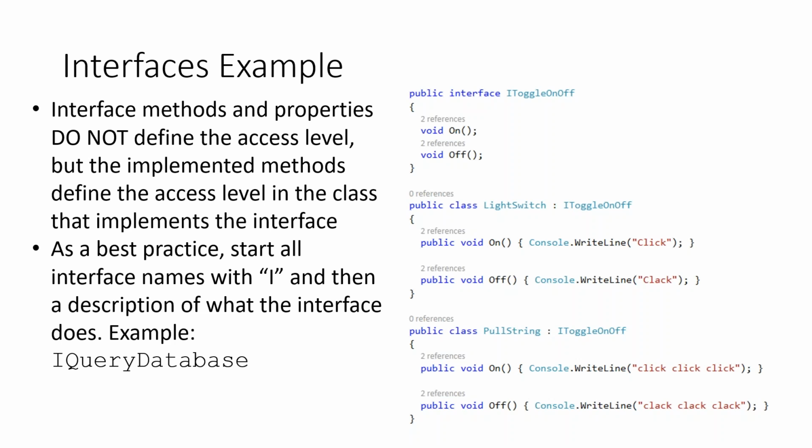And both of those inside of the light switch and the pull string class have method bodies. They have the open and closing curly brace, and inside we've got some functionality, okay? So this abstract idea of turning on and off is an idea that you can interface with when dealing with a light switch or a pull string. Okay, does anyone have any questions at this point?